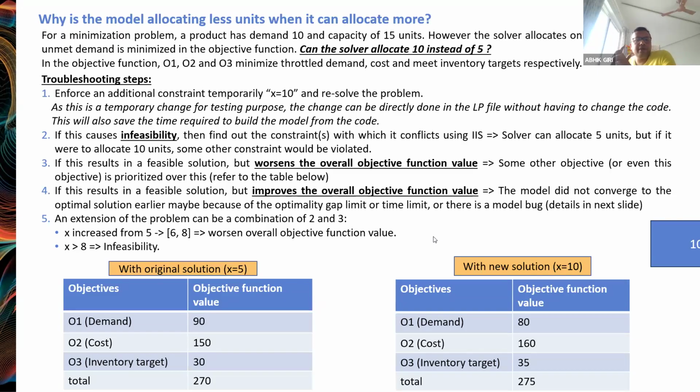Now, if the model returns infeasibility, then as you have seen earlier, we can find out the constraint or constraints with which it is conflicting using IIS. Does anyone remember what IIS is? What is the full form of IIS? Anyone?